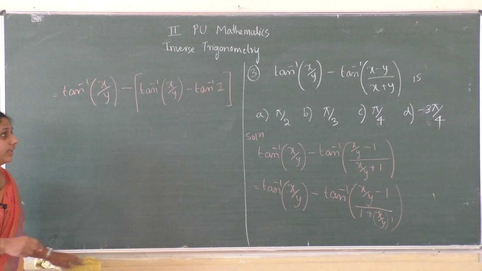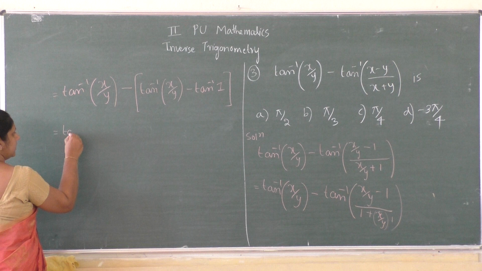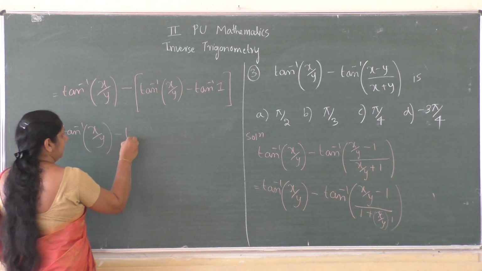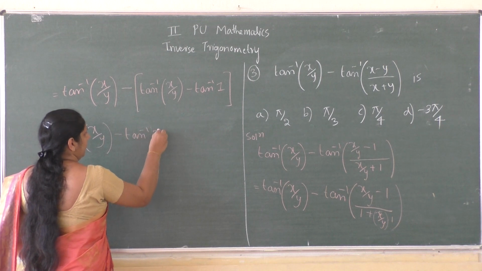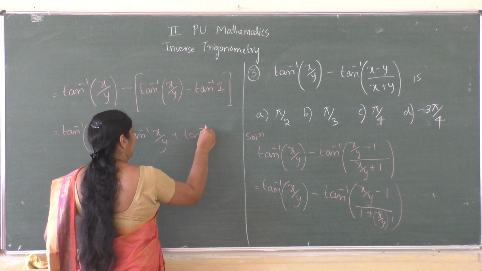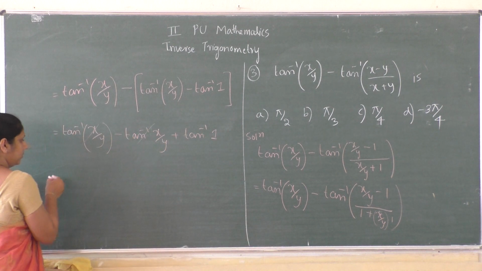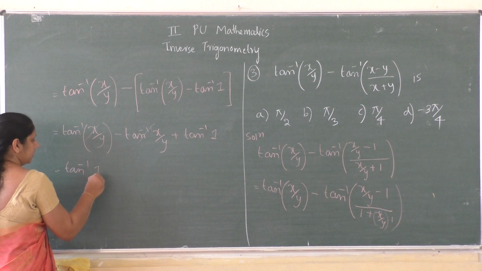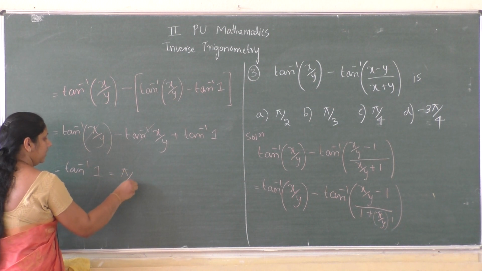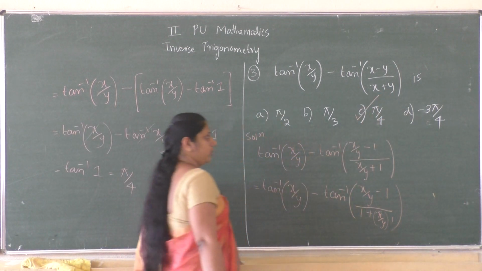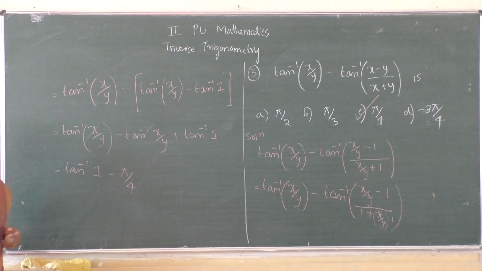Now we will simplify this. So it is tan inverse x by y minus tan inverse x by y, minus into minus plus tan inverse 1. So these two terms cancel, the remaining term is tan inverse 1. What is the value of tan inverse 1? It is pi by 4. So option C is the answer.